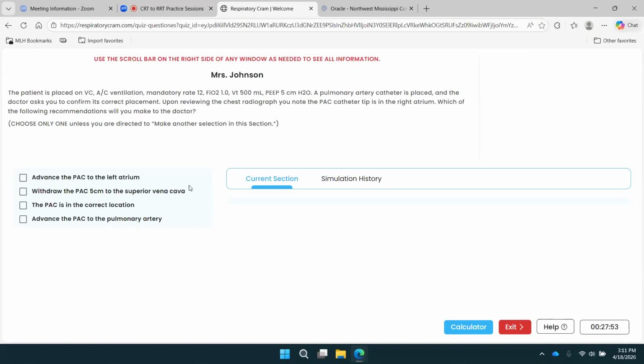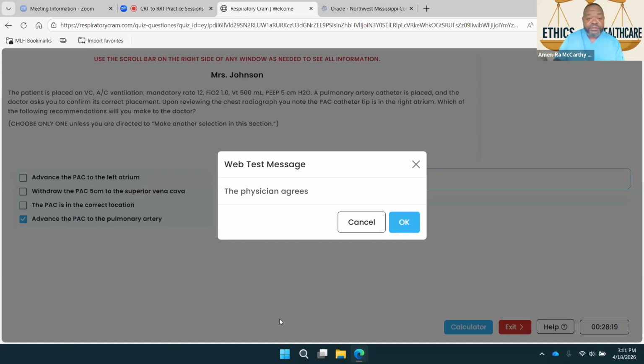No. The last choice says advance the PAC to the pulmonary artery. So we push it down to the pulmonary artery. Is that what we want to do? Yes. See, step by step. So, okay, doc, we can get rid of all those other crazy choices and advance the PAC to the pulmonary artery. Physician agrees.